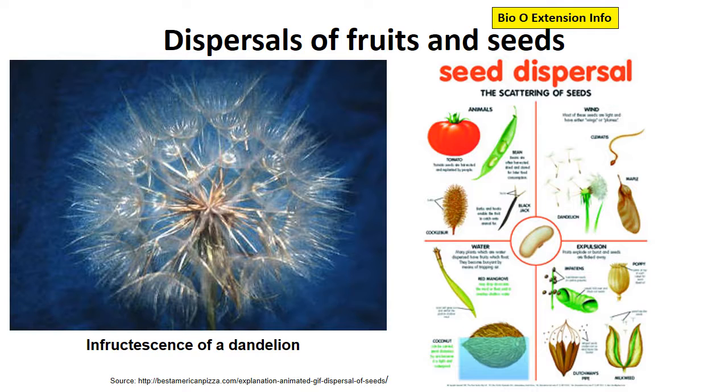On the lower right is the explosive mechanism, where they expel the seeds as far away from the parental plant as possible. The lower left is water dispersal, which means generally the seeds and fruits are able to float on water, and then the water will bring them according to the sea, the waves, or any actions coming from the sea.